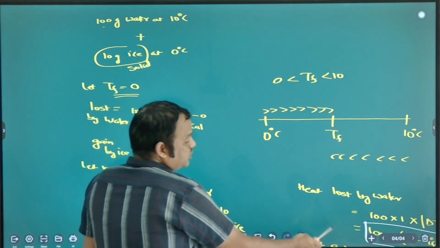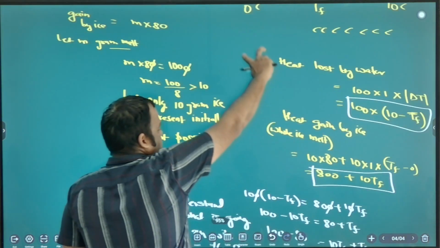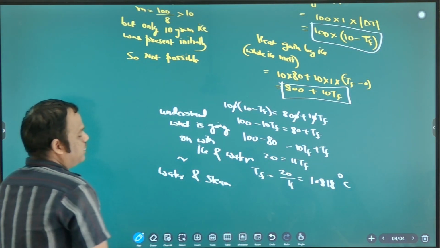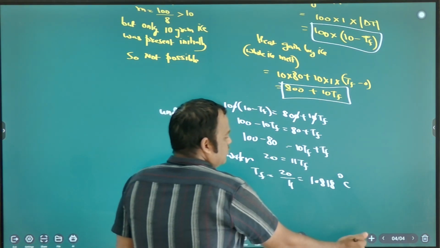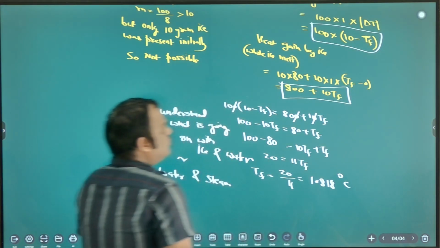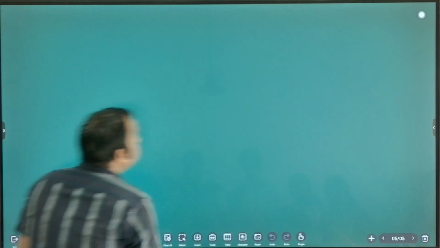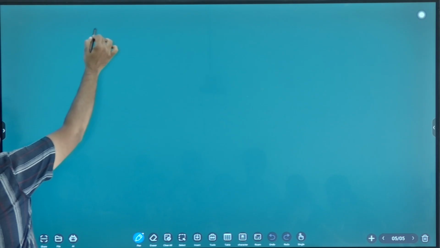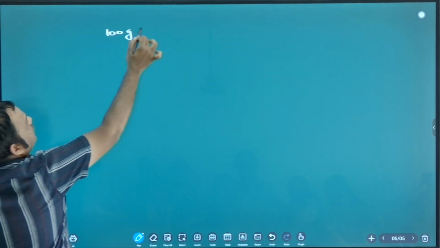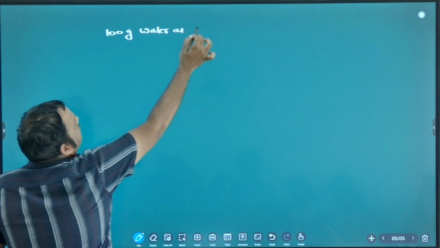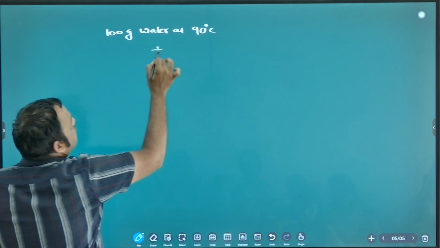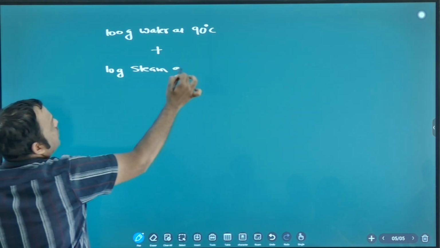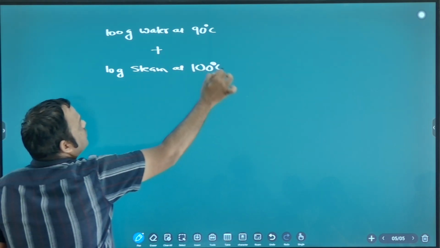Okay, solve one question for steam now. 100-gram water at 90 degrees Celsius is mixed with 10-gram steam at 100 degrees Celsius.